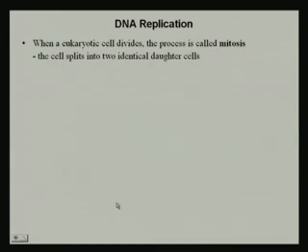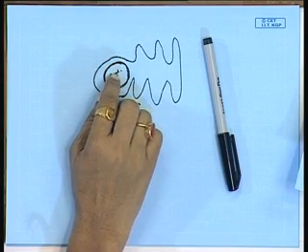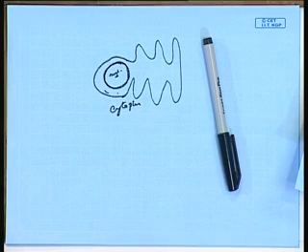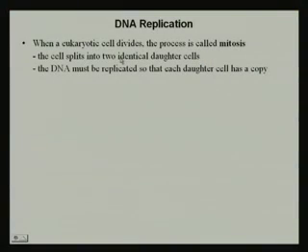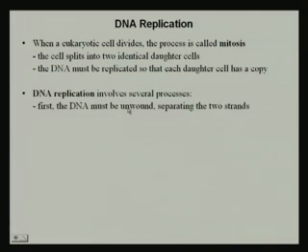Inside this nucleus, the replication of DNA takes place. When one eukaryotic cell divides, the process they adopt is mitotic cell division. In this particular cell division, the cell splits into two identical daughter cells.